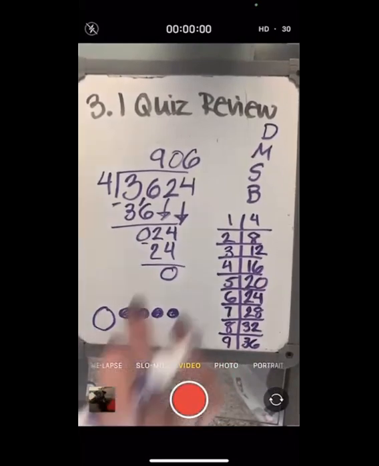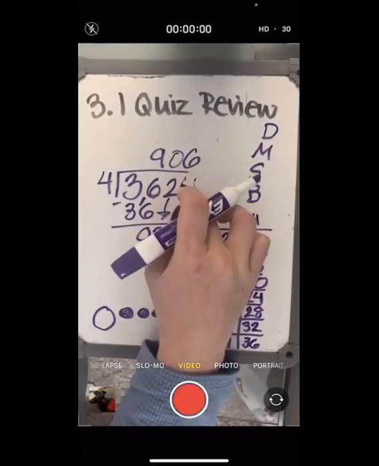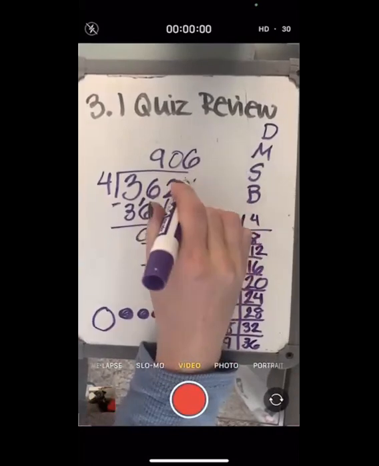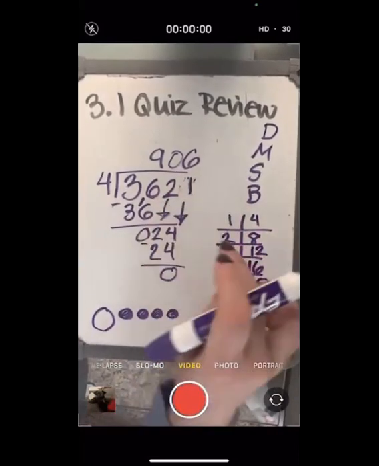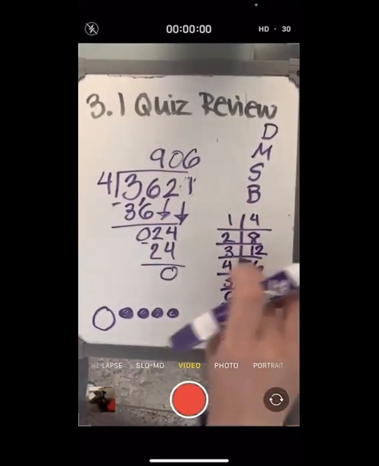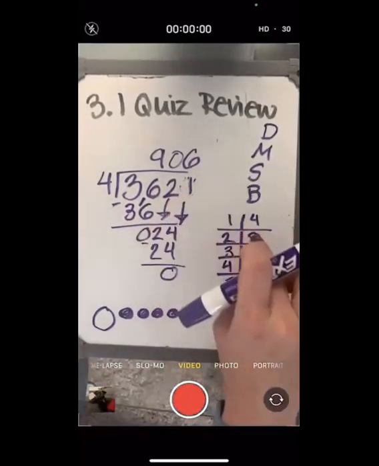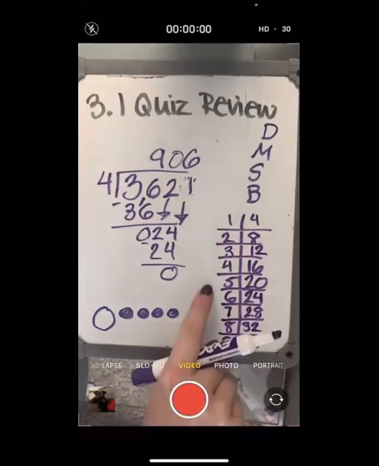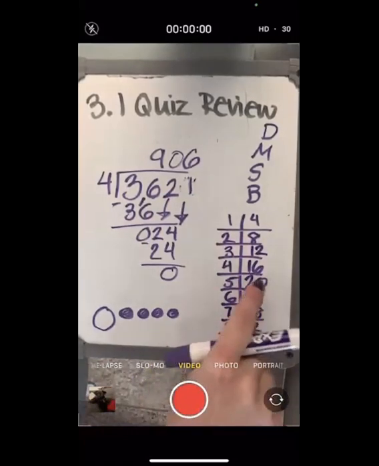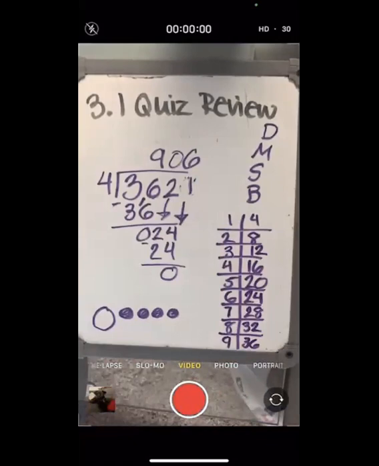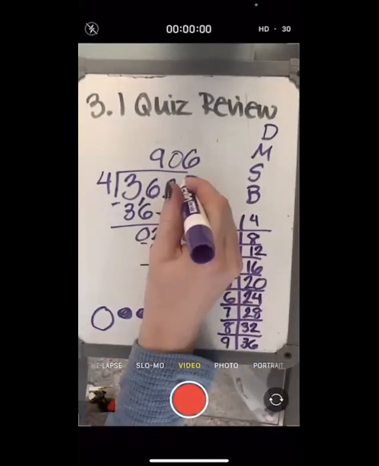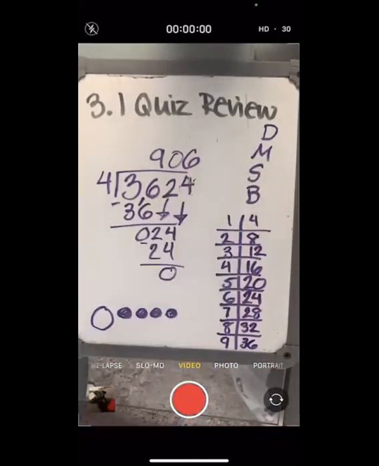And again, if this was 20, let's just say this was 21, for example, I could look at my ratio table and be like, okay, well, 4 doesn't go into 21 exactly. But if I look at my ratio table, okay, 5 times is 20. That's as close as I can get. So using this ratio table, you can kind of scan for all the different multiples and see how close you can get.